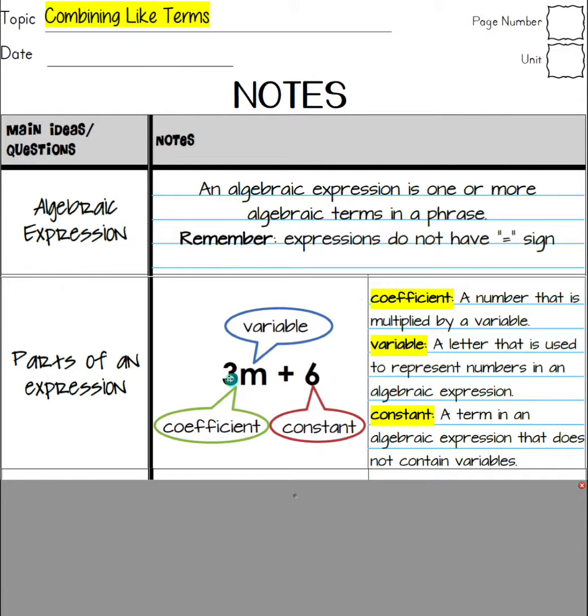We can see that here with 3 and m. A variable is a letter that is used to represent numbers in an algebraic expression. And a constant is a term in an algebraic expression that does not contain variables. You can see that this 6 doesn't have any variables.